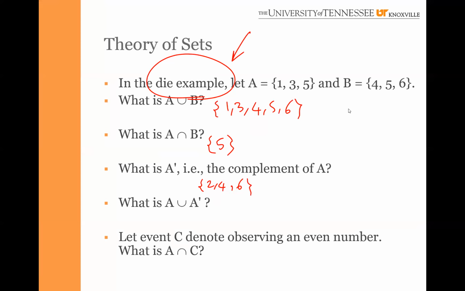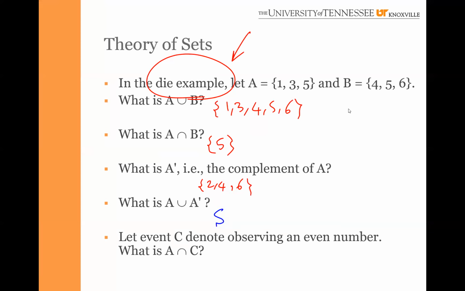I told you it's a die example. If it was entire integer numbers, then you have a different sample space. Okay. A union A prime. Third row, do you want to take your chance? A union A prime. All sample space S, right? A union A prime. Okay.